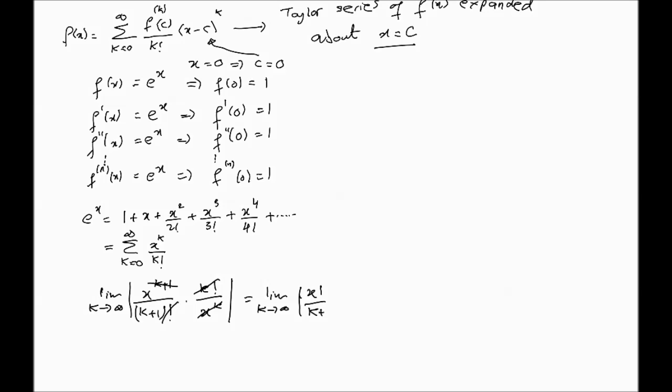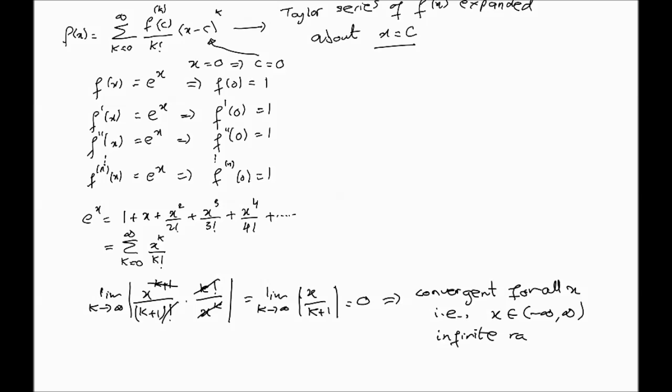x over k plus 1. So it gives us x over k plus 1, and as k goes to infinity, that goes to 0, which means that this implies convergent for all x, i.e. for x belonging to minus infinity to plus infinity, infinite radius of convergence.